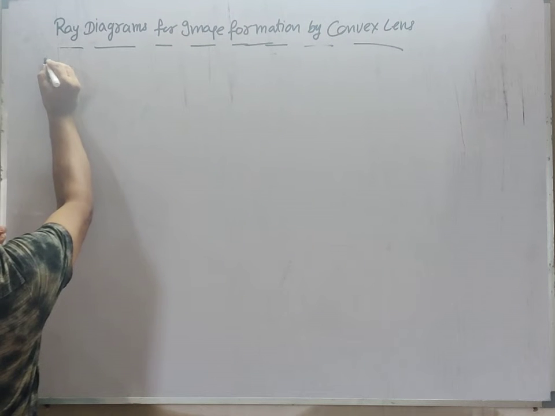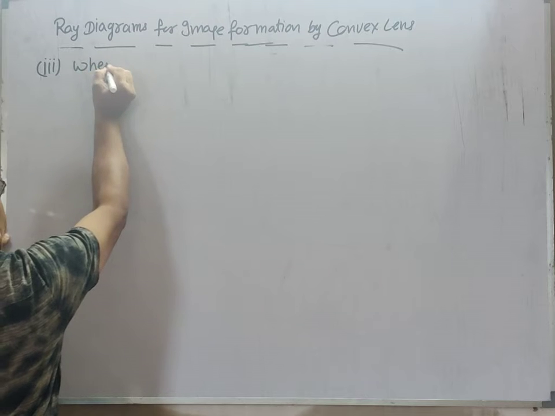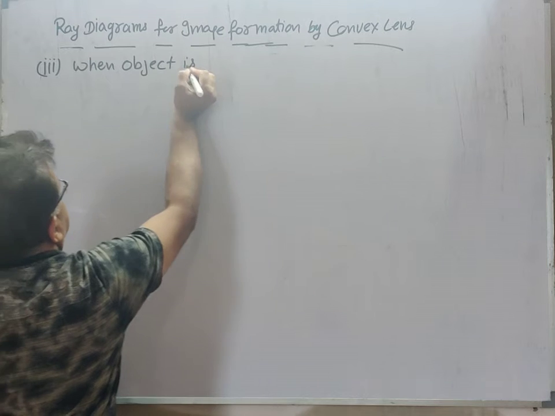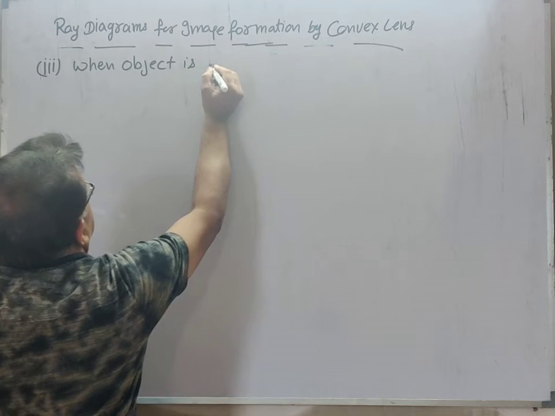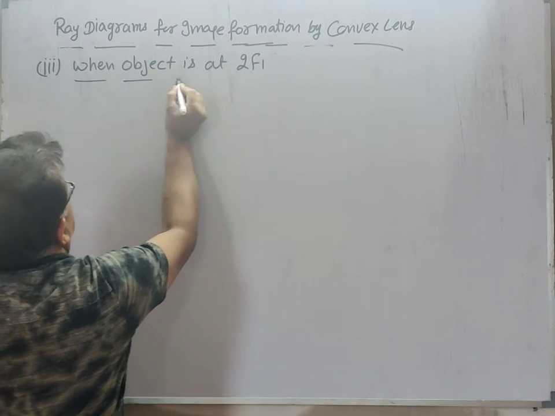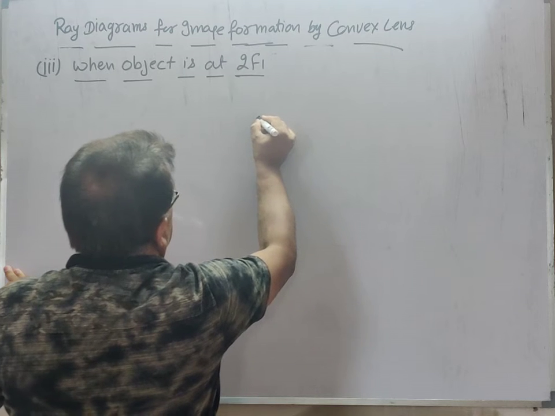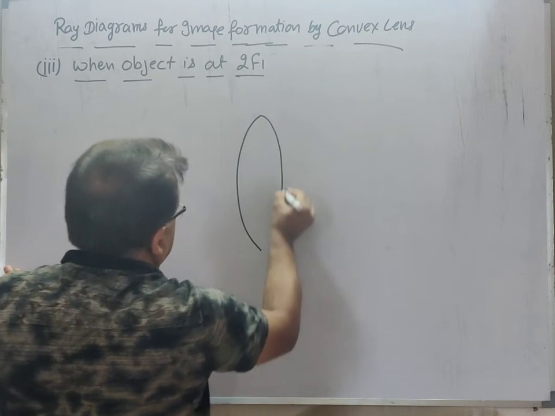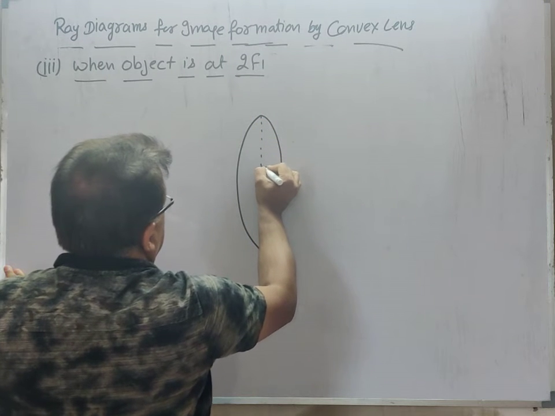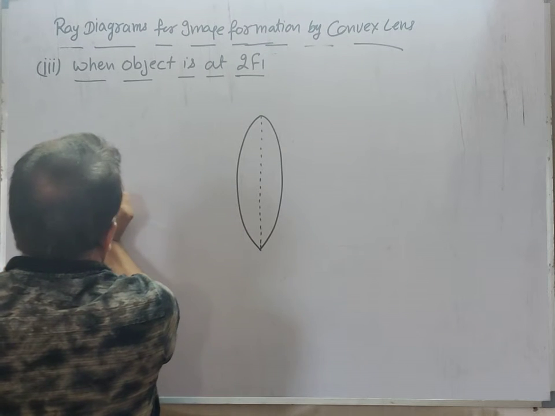The third point is image formation when the object is at 2F1 or when the object is at C1. Similarly, this is a line from where we shall show the rays bending, that is refraction.